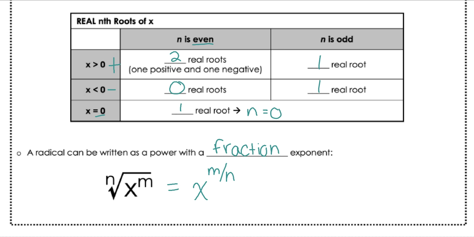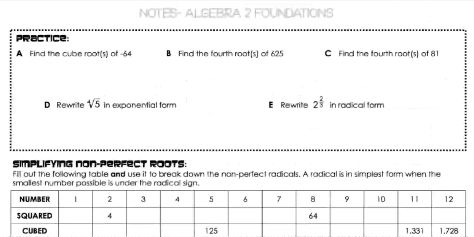So those are kind of some of the basics of radicals, some of the things we need to remember to solve some problems with it. So what we're going to do now is we are going to start practicing a little bit with these. So we're going to take the words, we're going to write this in the way that it's talking about, and then we are going to solve them.